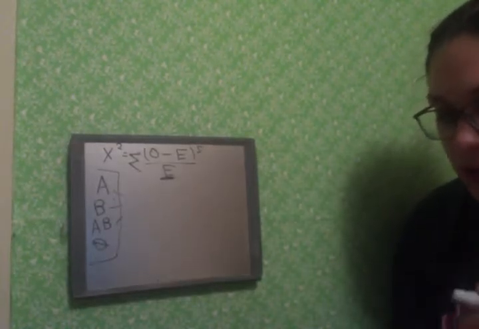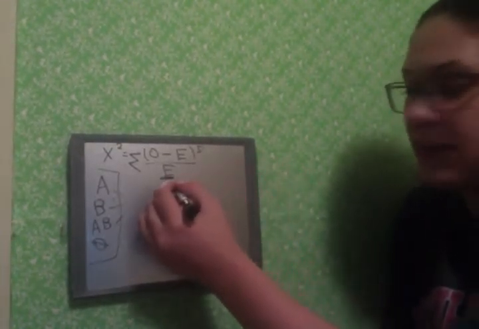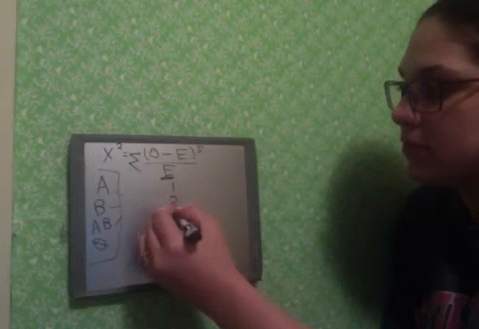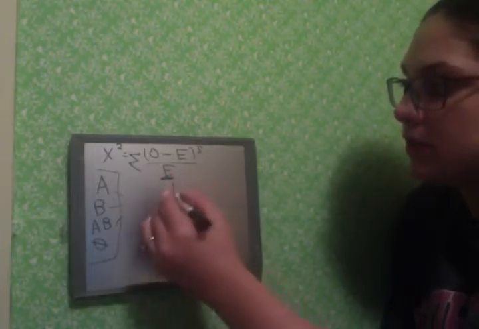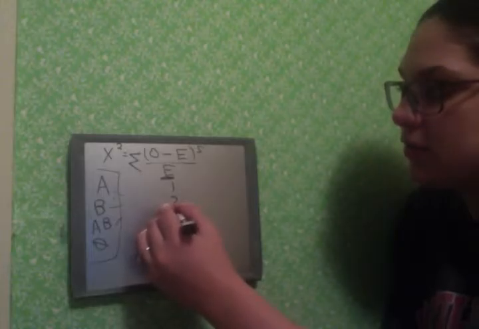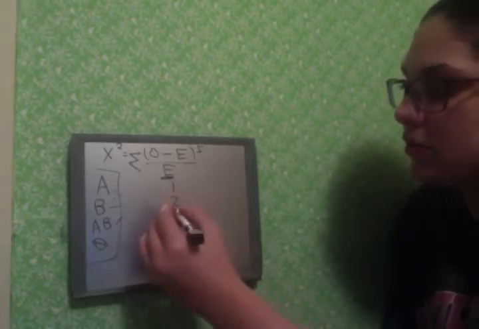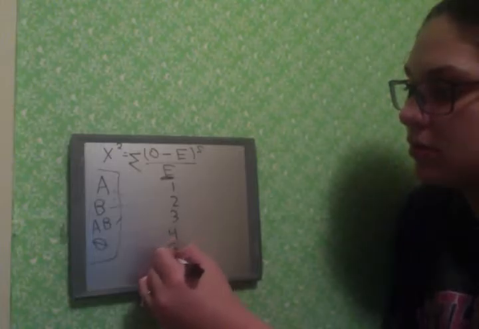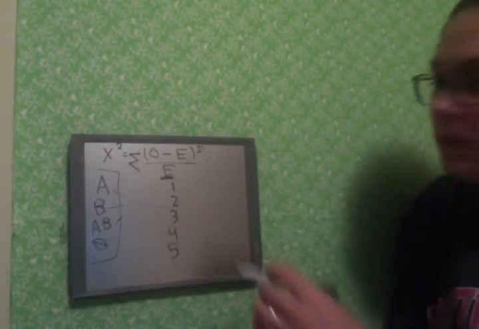We're going to actually do our little data. So let's just say there is 1, 2, 3, 4, 5, and this is in sunny.